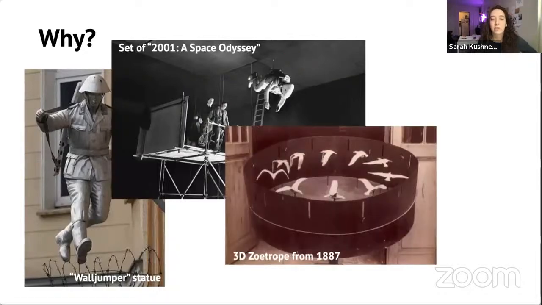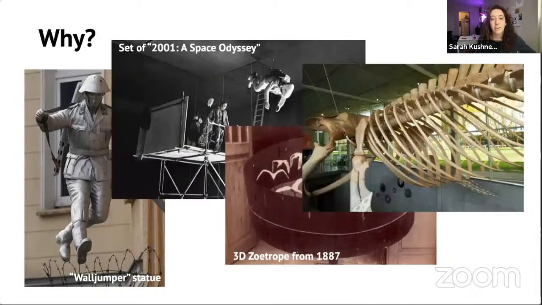And in this 3D zoetrope, each small bird is held up by its own rod. And finally, in this example from a museum, this whale skeleton is floating, and experts are actually paid a lot to come up with hidden rods and wires that support this invisibly, but also so that it's sturdy enough to be safe hanging in a museum.